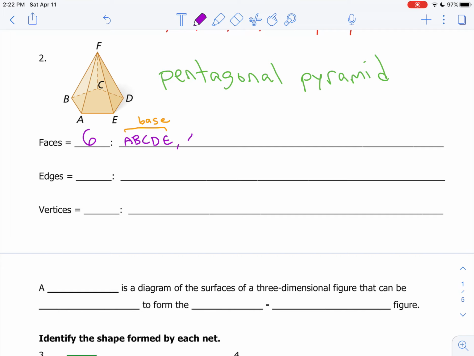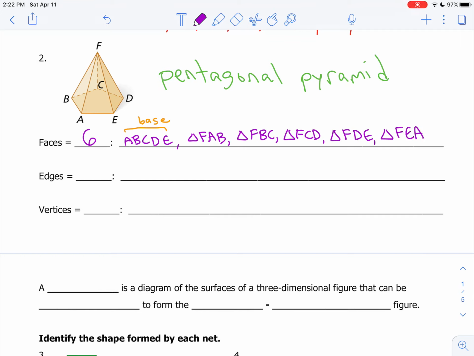We have FAB. I like to start with F. We have FBC, FCD, FDE, and FEA.